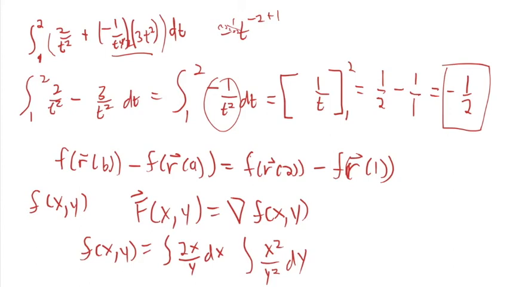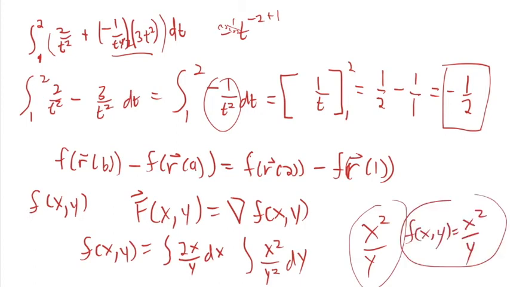So when we take the integral of both of these, they both come out to be x squared over y. So since they're both the same, we're just going to take the x squared over y, and that's going to be our f of xy.